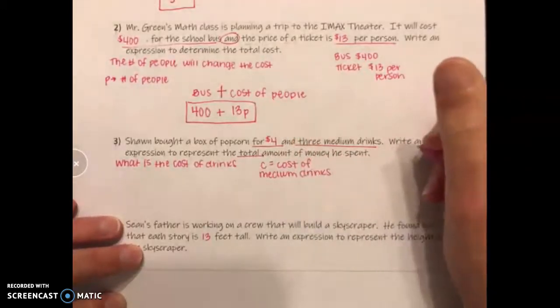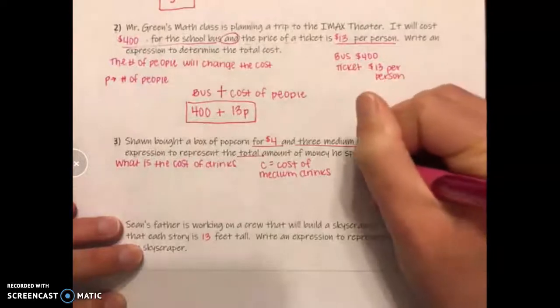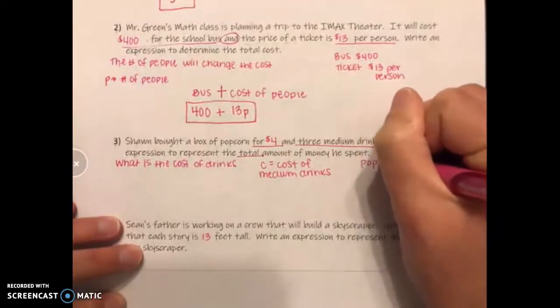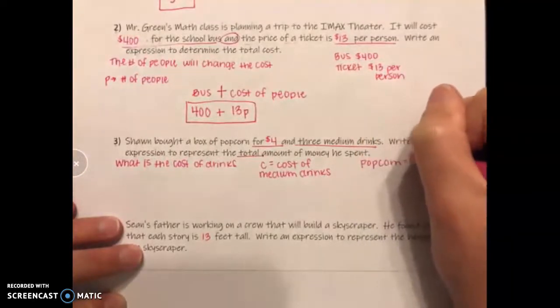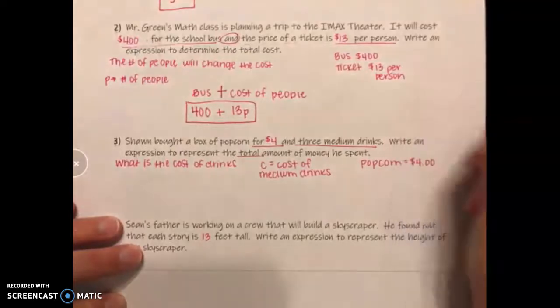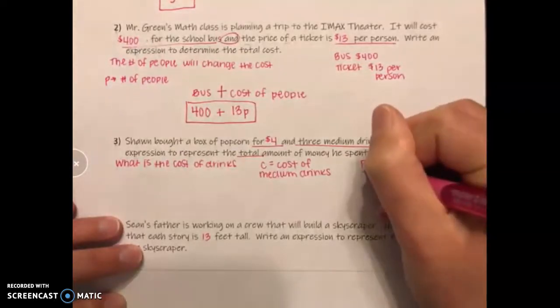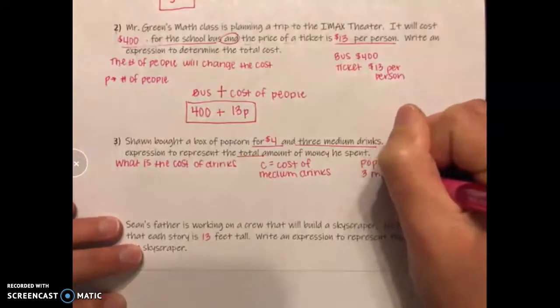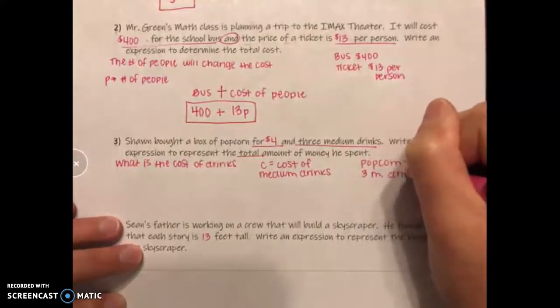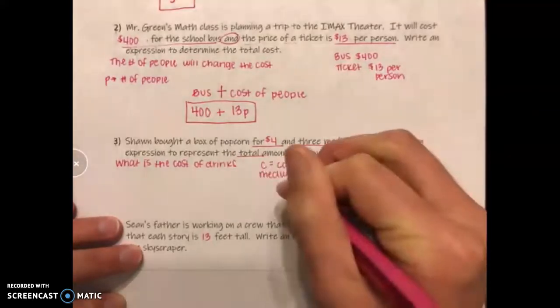Okay, so what does it give us? It gives us popcorn is $4, so we know that. And we know that we need 3 medium drinks, but we don't know how much those cost, so that's going to be our variable.